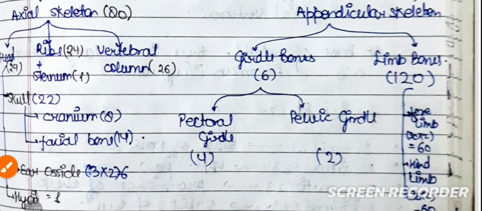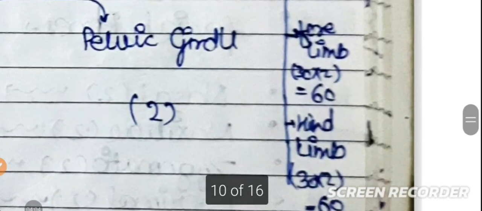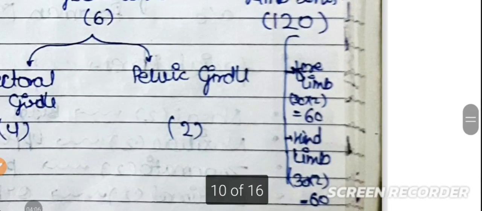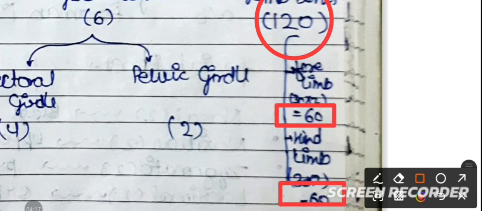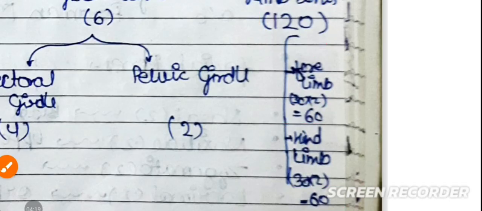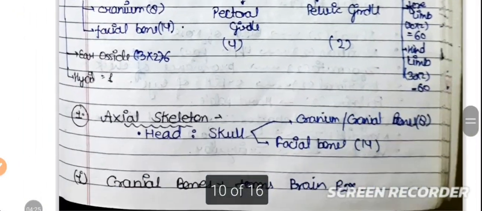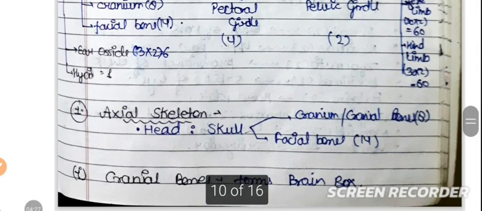Now the limb bones: there are 120 limb bones, out of which the forelimb consists of 60 bones and the hind limb consists of 60 bones. Each forelimb has 30 bones and each hind limb has 30 bones.